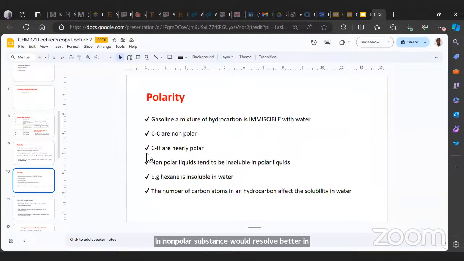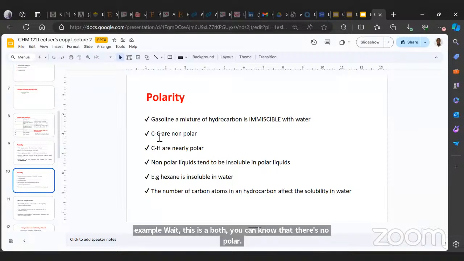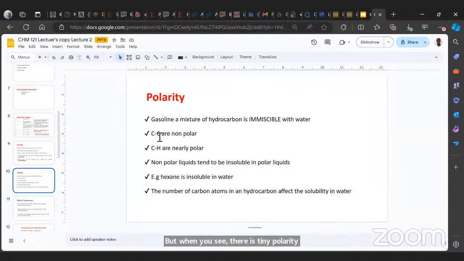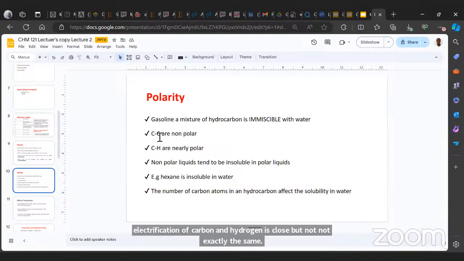And there are certain things to consider; we gave some examples. When you see C-C bonds, you can know that it's non-polar. But when you see C-H, there's tiny polarity because the electronegativity of carbon and hydrogen is close, but not exactly the same. So these are things you use to begin to predict whether something is polar or not.